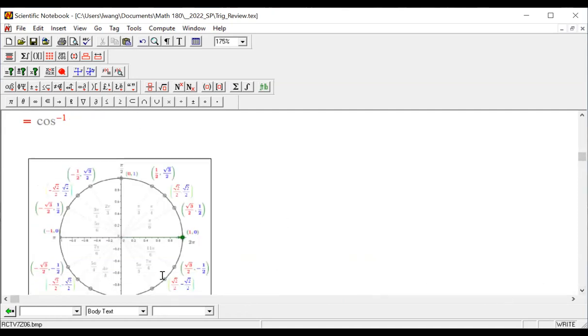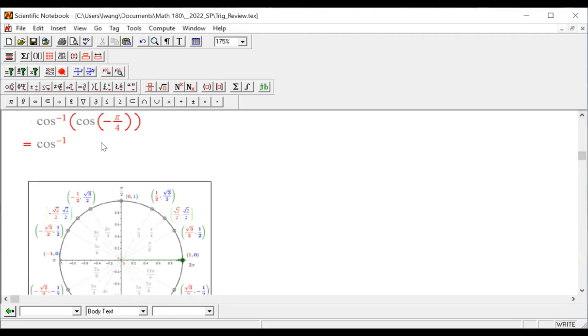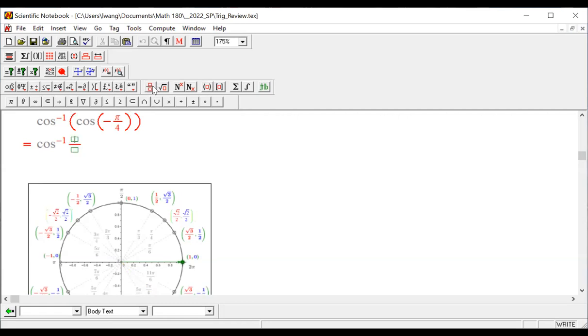We measure the angle clockwise, the terminal is here. And what is cosine of negative pi over 4? Clockwise, the red number, √2/2. So the inside gave us a ratio, and that ratio is √2/2.